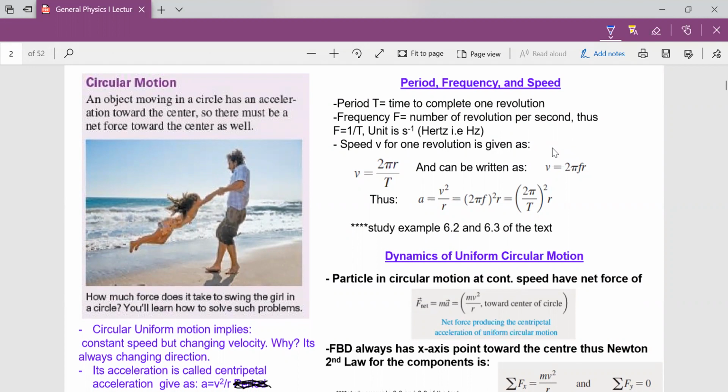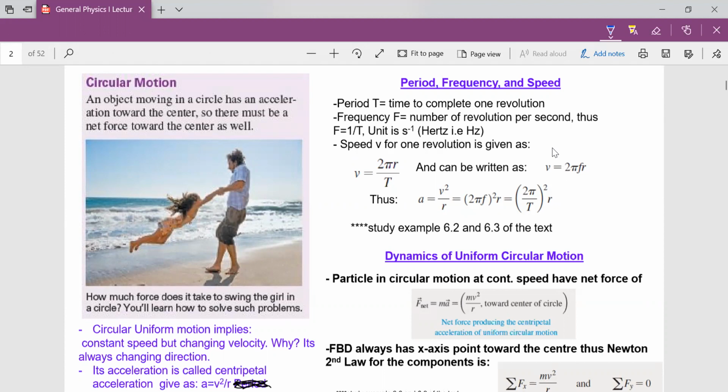Okay, so we already established in our previous discourse that circular motion is the motion of an object moving in a circle, and the acceleration is directed towards the center of the circle. That is the state of every circular motion. Acceleration is always directed towards the center of the circle.